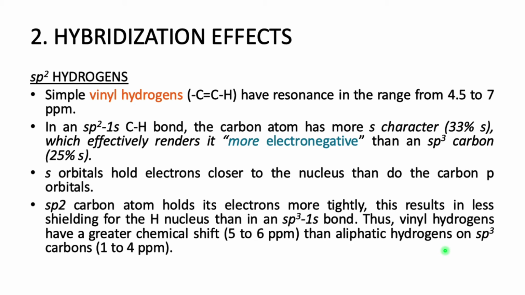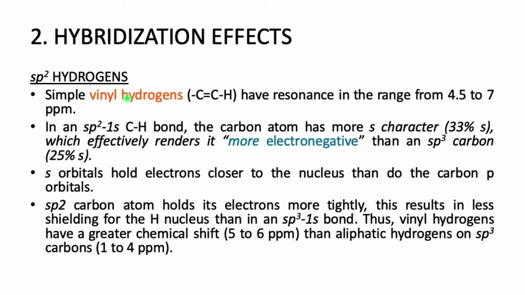Thus usually the vinyl hydrogens have the greater chemical shifts, and they appear in a deshielded region when compared to the aliphatic protons, which are on sp3 carbon atoms. So compared to aliphatic hydrogens, the vinyl hydrogen appears at the higher delta values.